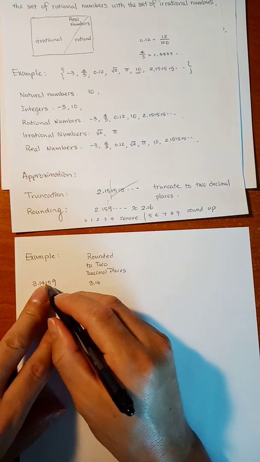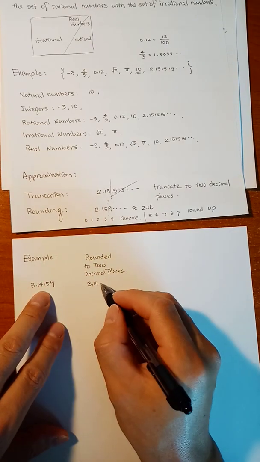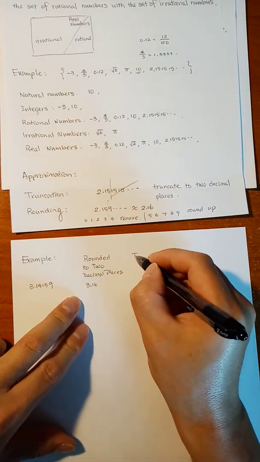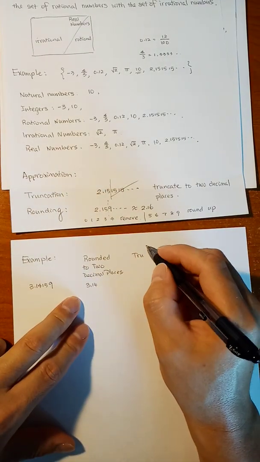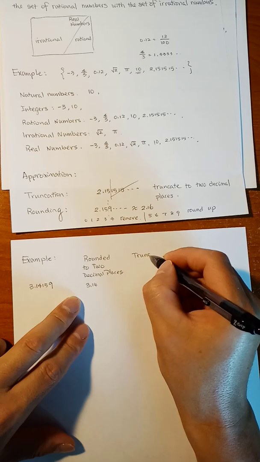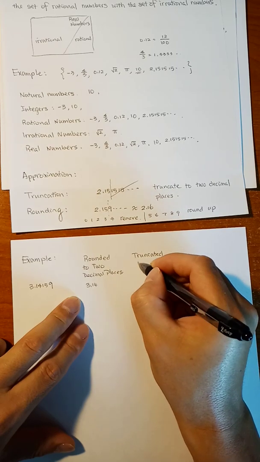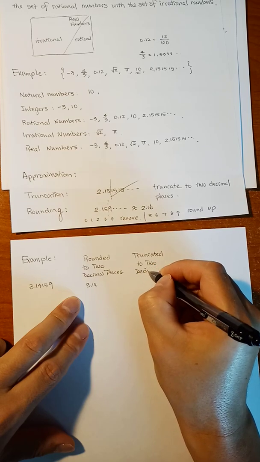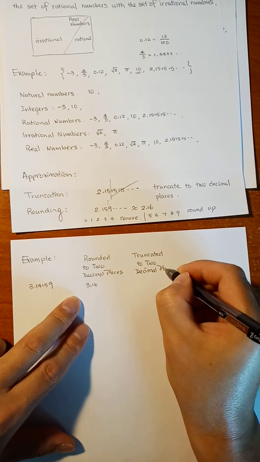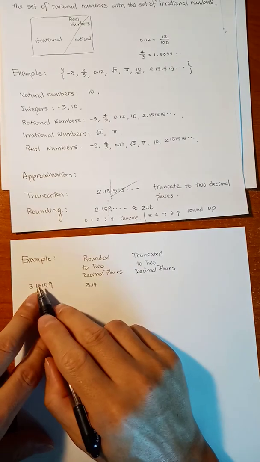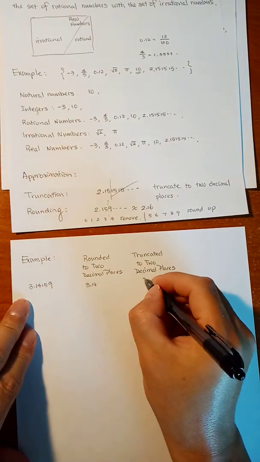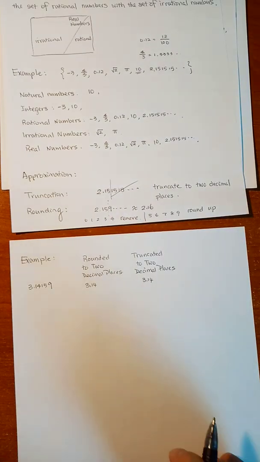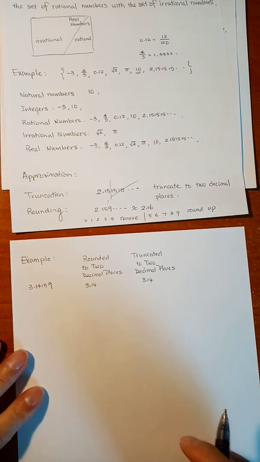Next is also 1. It's small, so just cut it. And if you truncate it to 2 decimal places, it just means you copy 2 decimal places, and that's enough. You don't even look at the next decimal place. This is truncation.